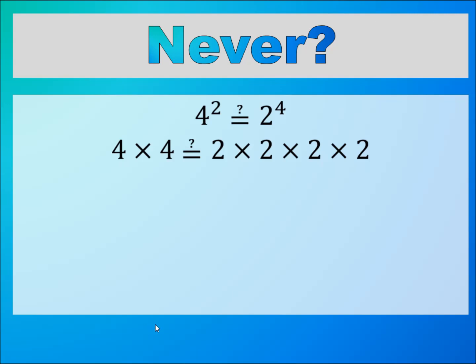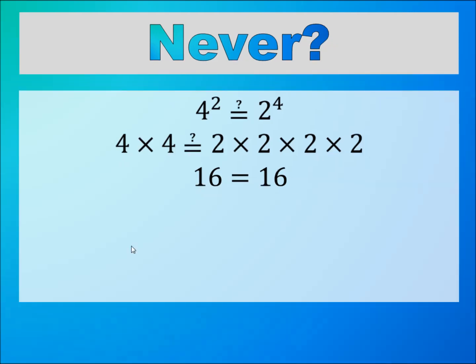We have 4 twos. 4 times 4 is equal to 16. And 2 times 2 times 2 times 2 is equal to 16. And since 16 is equal to 16, 4 squared is equal to 2 to the 4th.